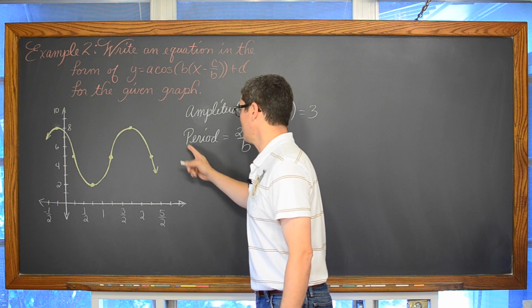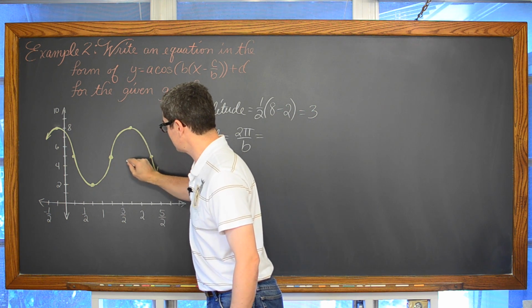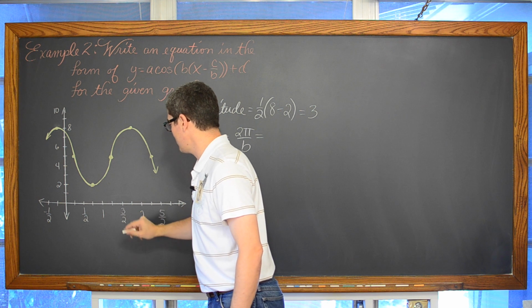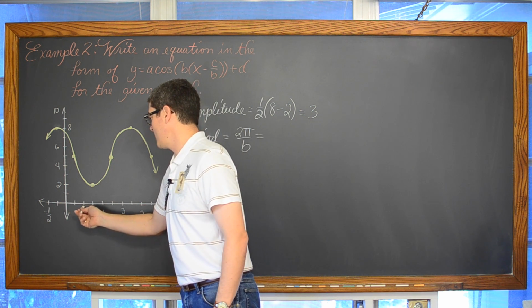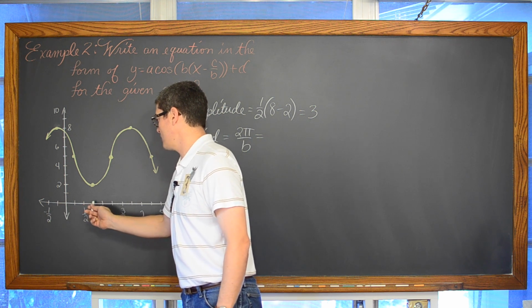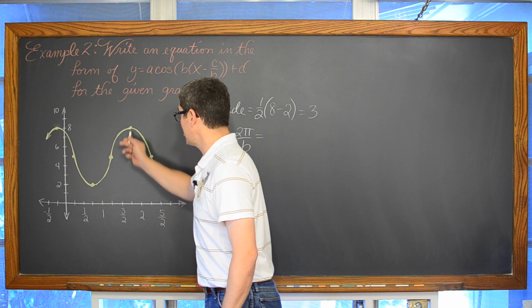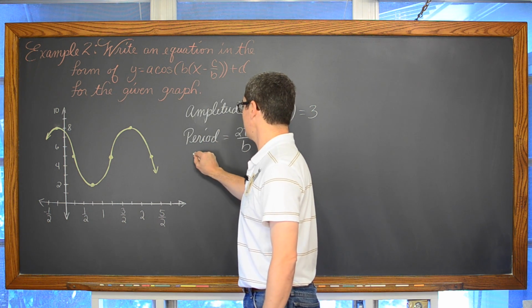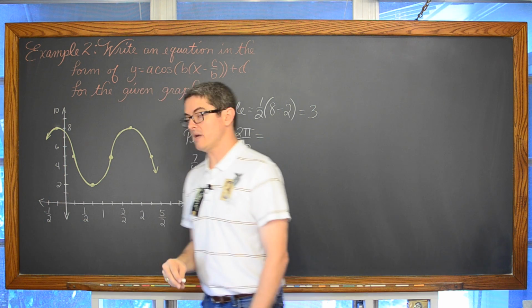So let's go from large to small. So this is coming down here at somewhere between 3 over 2 and 2, but these tick marks are in the middle, so that's 1/4, 2/4, 3/4, 4/4, 5/4, 6 over 4, 7 over 4. So we're looking at 7 over 4 minus this x-coordinate, which is negative 1/4.